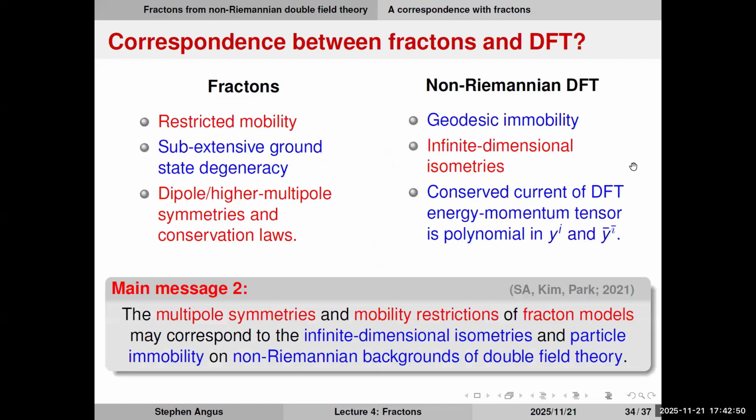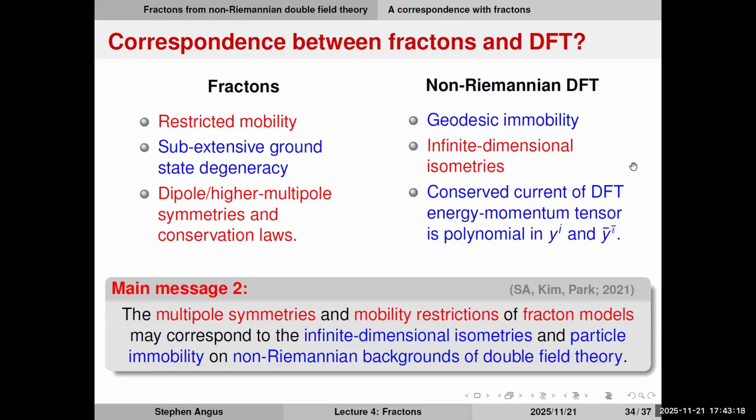So it seems there's a correspondence between fractons and non-Riemannian double field theory. Fractons have restricted mobility, and this is reflected by geodesic immobility in non-Riemannian double field theory. Fractons have this Brown state degeneracy, which is reflected in the infinite dimensional isometries in non-Riemannian backgrounds.